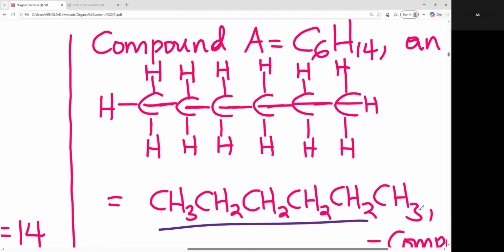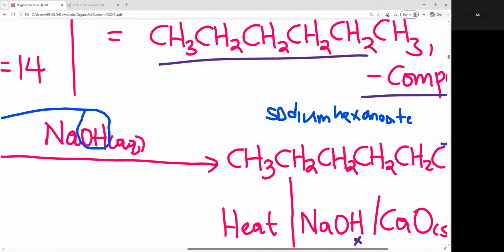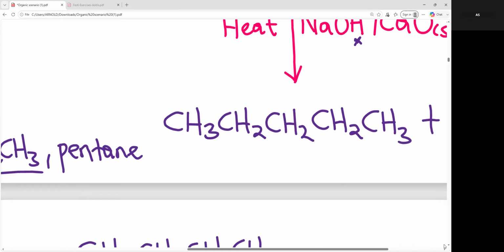Previously we have seen halogenation, we have also seen nitration. So I must explain using mechanisms how this compound reacts with halogen, particularly chlorine in UV light, and also how it reacts with nitric acid. So we start with that.